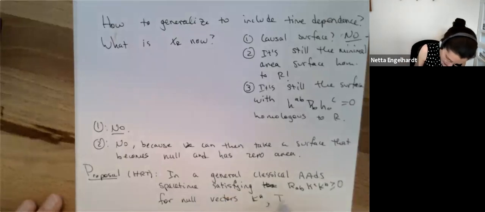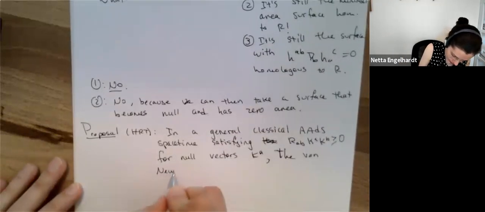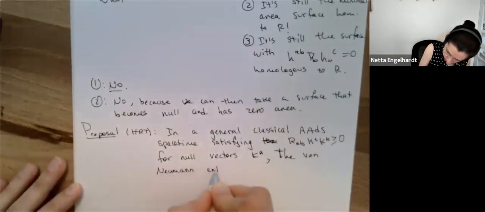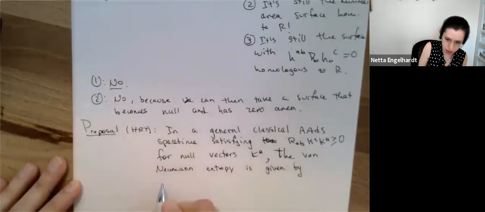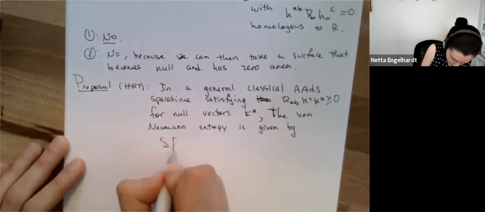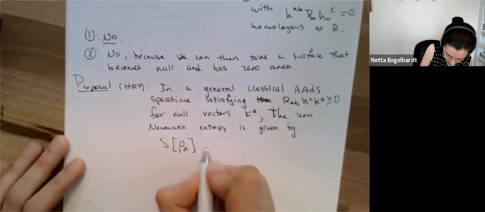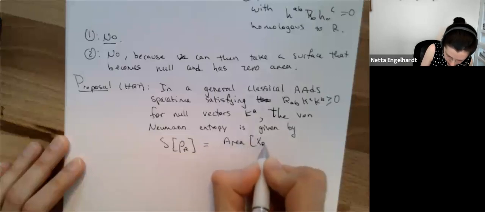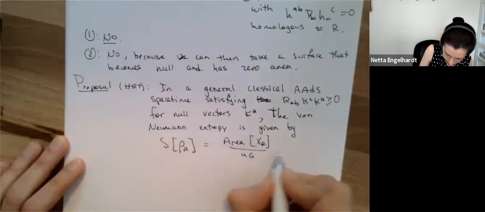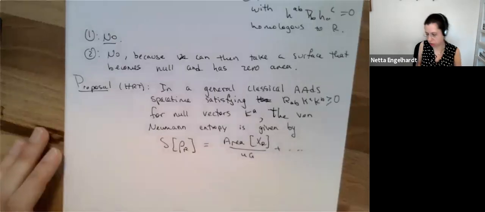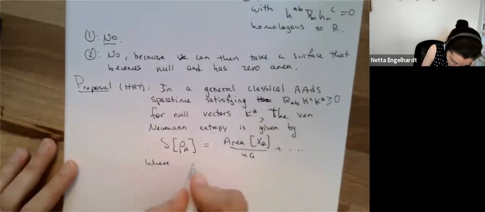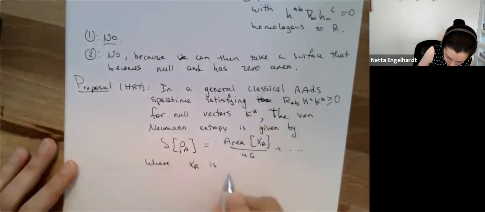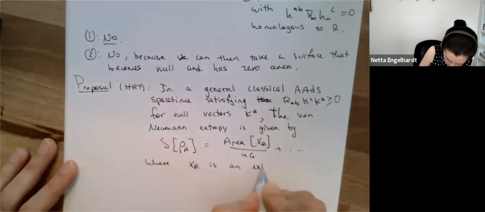So the von Neumann entropy is given by S of rho_R equals the area of X_R over 4G. And again, this is to leading order in G and in alpha prime, where X_R is what was dubbed an extremal surface.